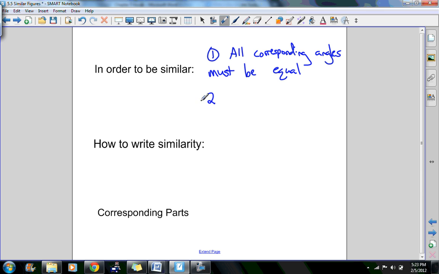And number 2, and this is where we're going to use a term from back in the day, all corresponding sides must have the same ratio.